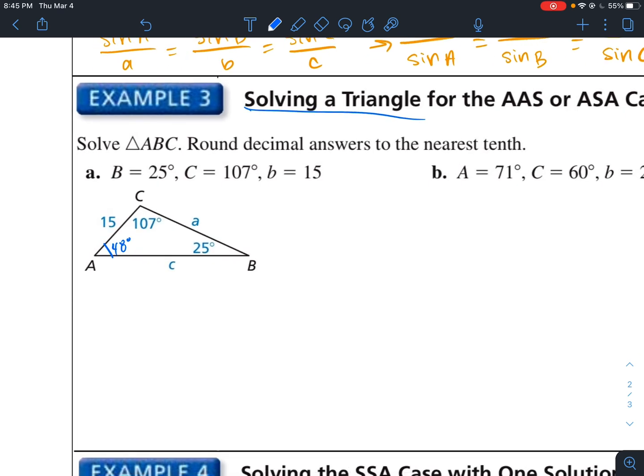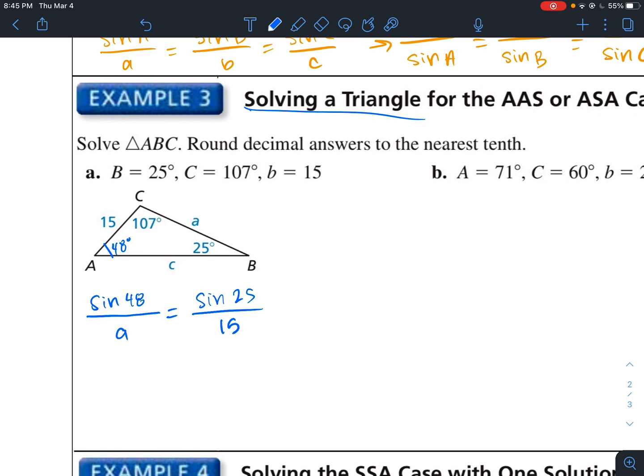So let's say we use sine of angle A, which we know is 48 degrees, divided by its side length, the side opposite to it, A. This is equivalent to sine of angle C, which is 107, divided by, actually I don't want to use this one because I don't know angle C, so I want to use angle B because I know its side length. So sine of 25 degrees divided by its side opposite, which is 15.